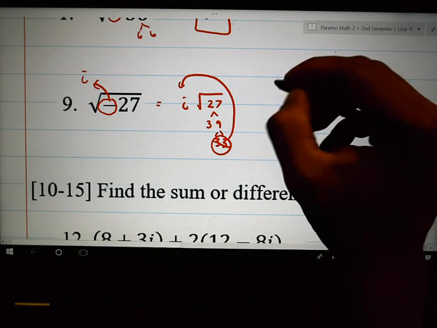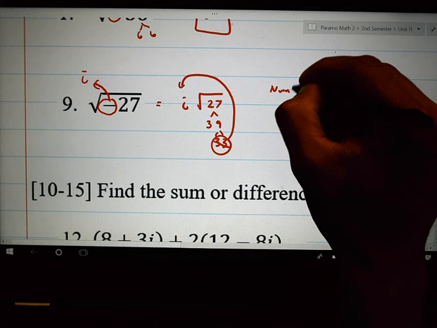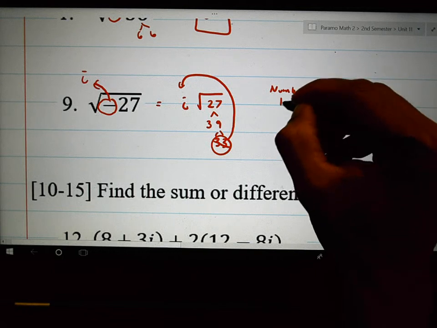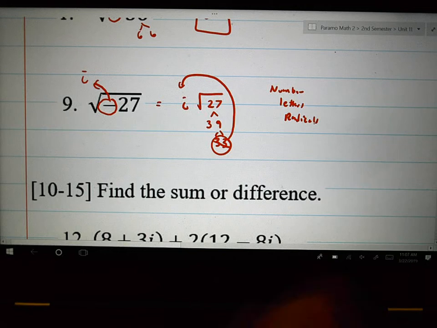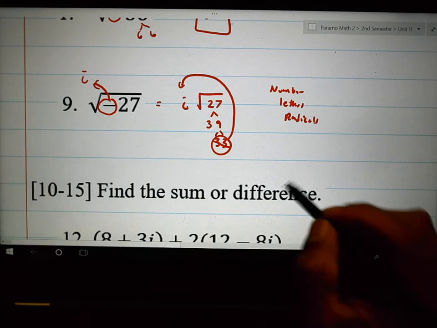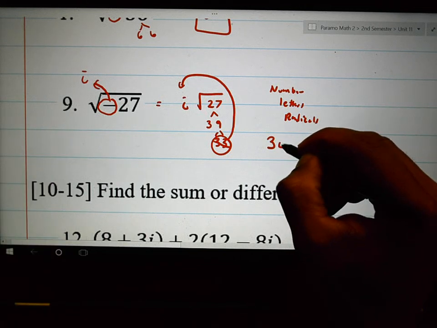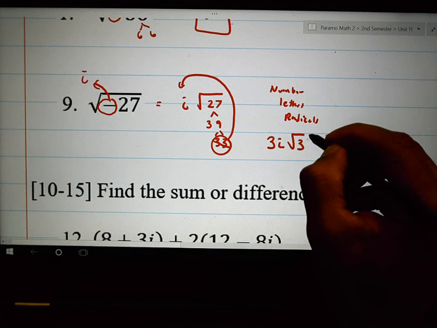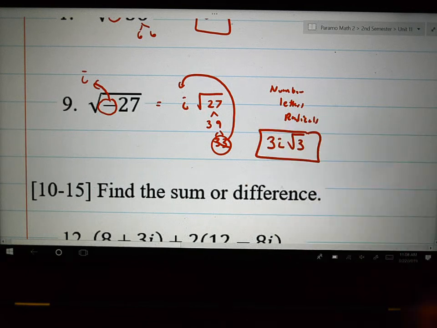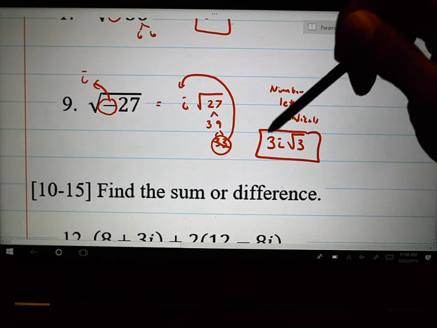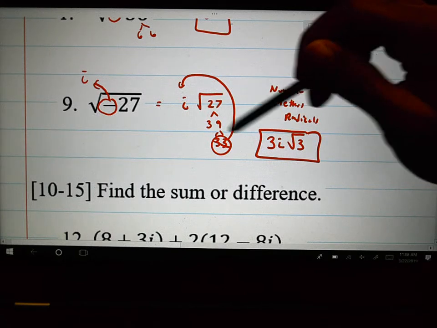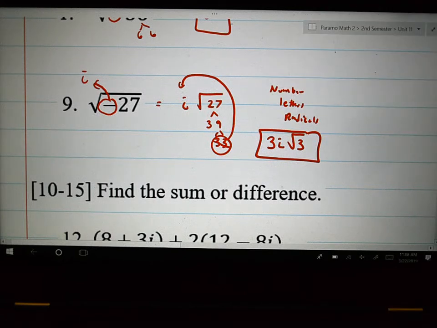So then we go numbers, then letters, then radicals. Why do I say that? Because my final answer would be 3i root 3. It's a funky answer, but there you go. The 3 pops out, the number, then the letter, and then the root 3 is inside the radical.